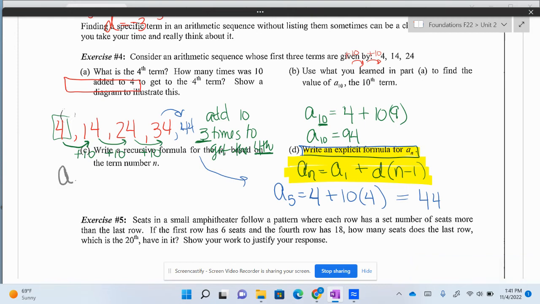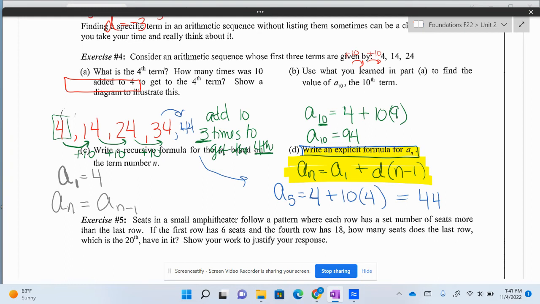Remember, with the recursive formula, you need to know the first term. What's the first term in our sequence? 4. To find the recursive formula, I always have to take the term that came before. So how do I show the term number before n? N minus 1. So a to the n minus 1.